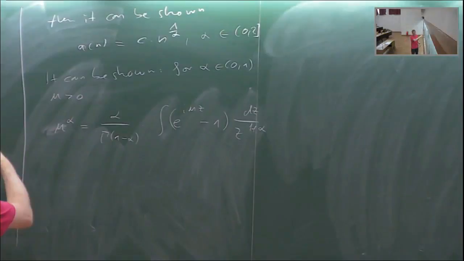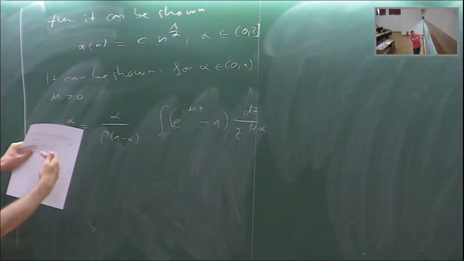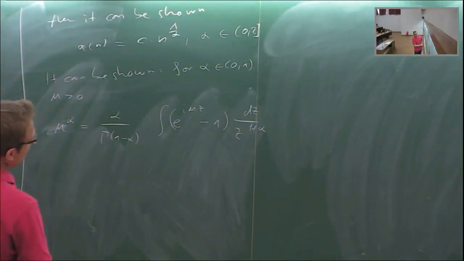You can see these are 12 lines, but it can be done in a direct way.